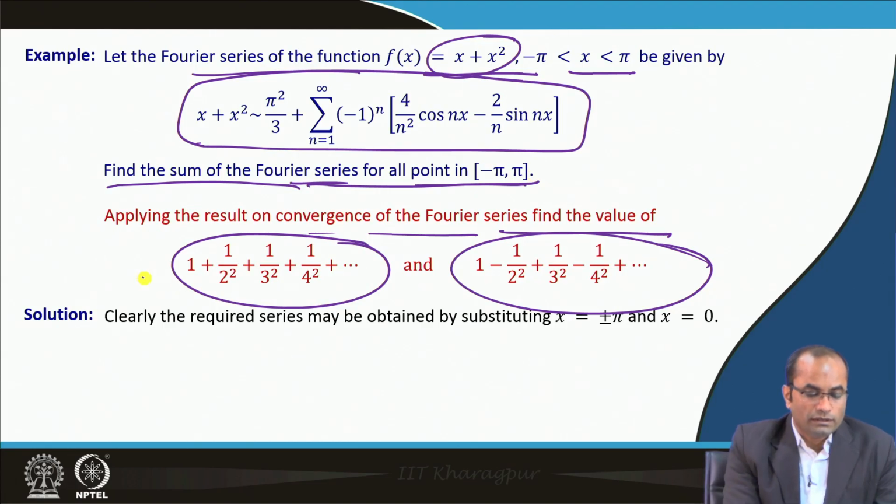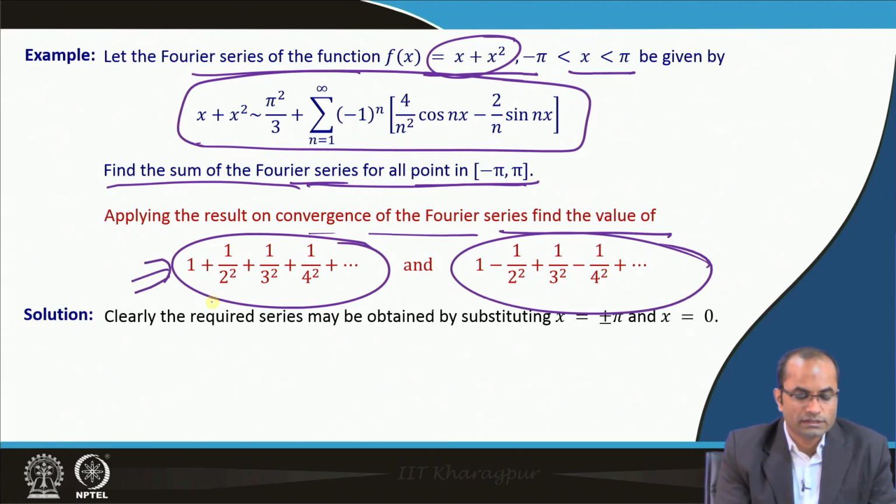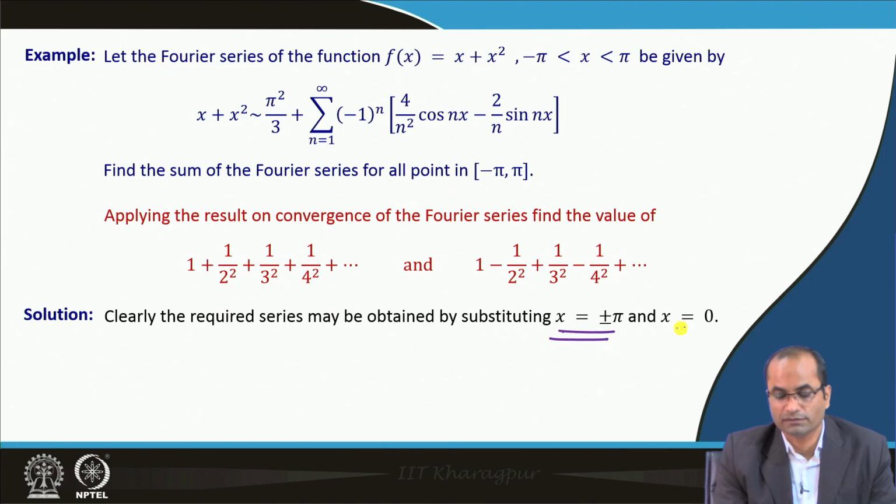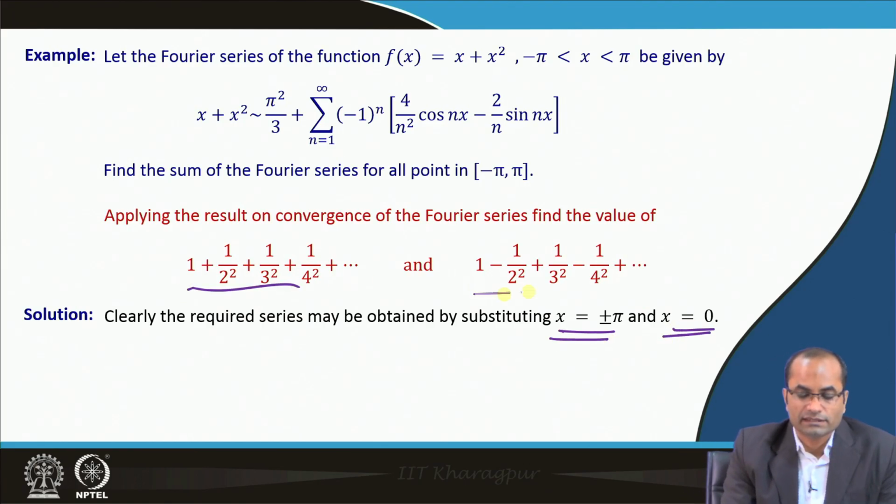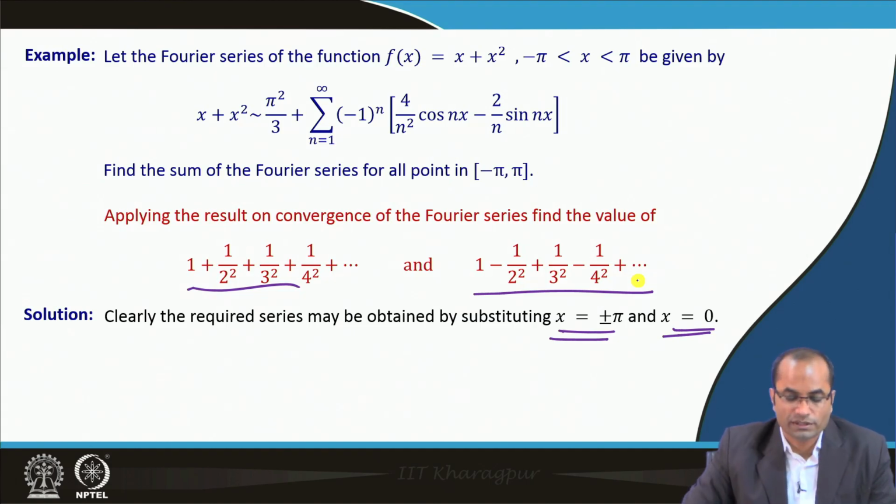Now, about these series here, we have to observe that if we substitute x equal to plus pi and x equal to 0, then we can get these series directly from the Fourier series. If we put x equal to plus pi, first we have to see, for plus pi or minus pi, to what value the Fourier series converges.